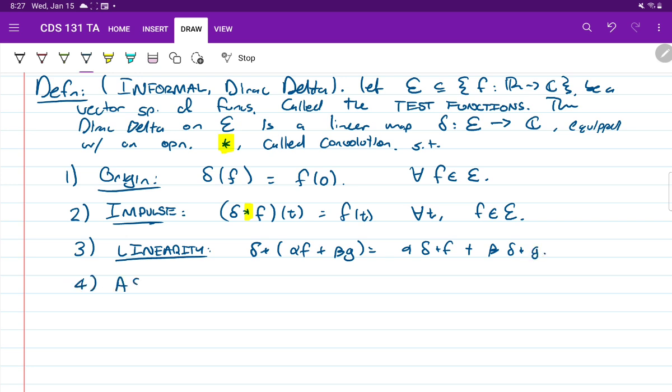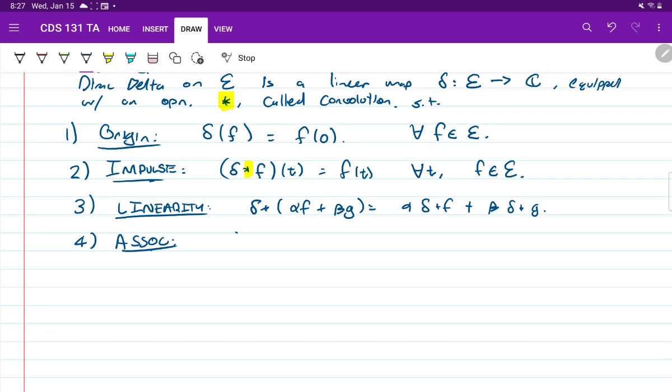And finally, our convolution operation should be associative, okay? So we should have delta convolved with f convolved with g, where this is just the standard integral definition of convolution. This should equal delta first convolved with f, then convolved with g. All right? This should hold for all f, g belonging to our set E.